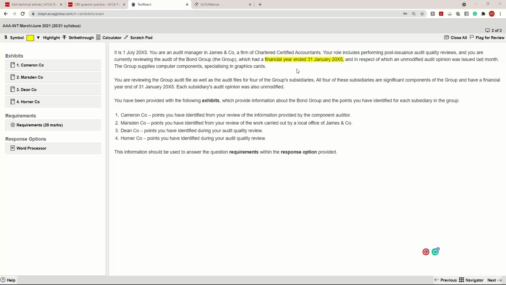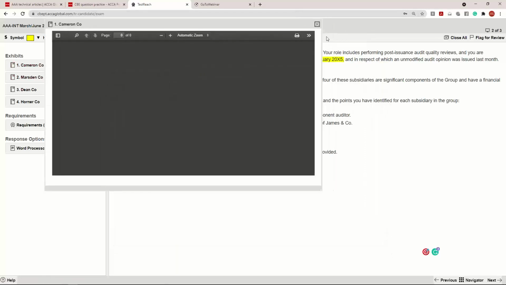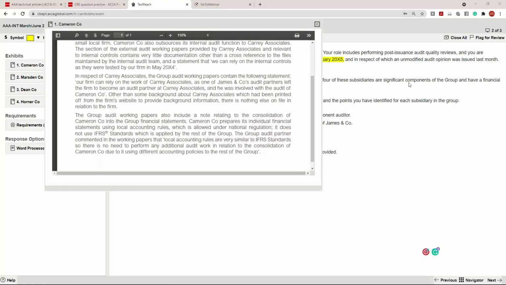So what is the financial year end for which we are performing the audit? 31st of January, right? And when were the internal controls reviewed by the internal audit department of Kerry Company? In May 20x4. So how much time before the year end?